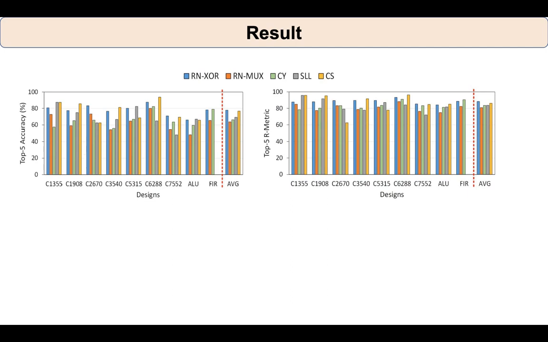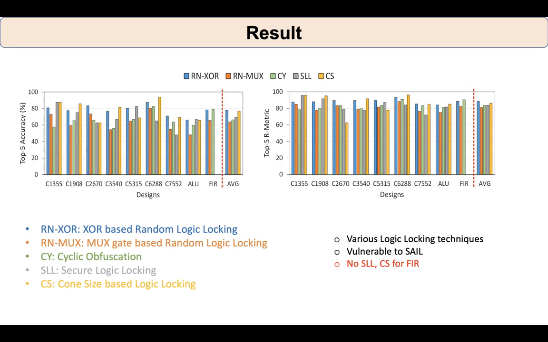The accuracy of SAIL is taken for different sorts of logic locking techniques. Here, RN XOR means XOR based random logic locking, RN MUX stands for MUX based random logic locking, and so on for the others. The key point is that every logic locking technique is vulnerable to SAIL and it can recover almost 80% of them into the pre-synthesis state.